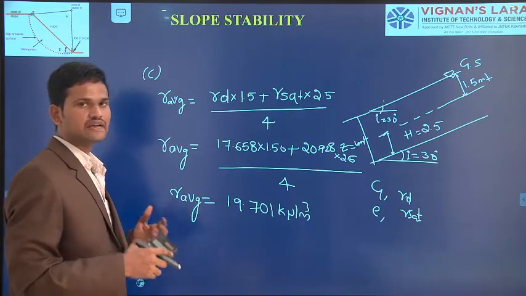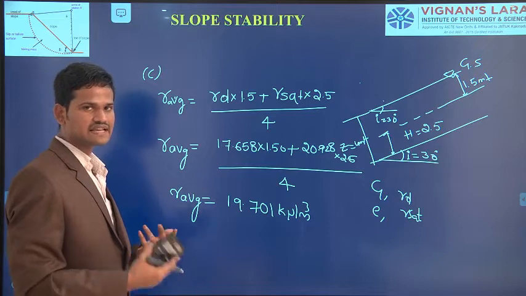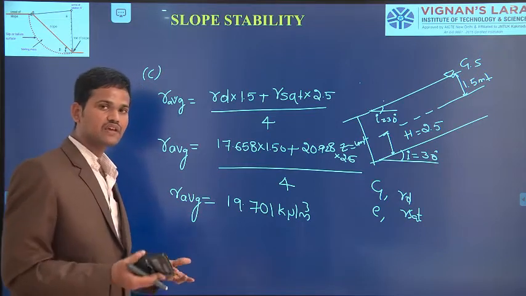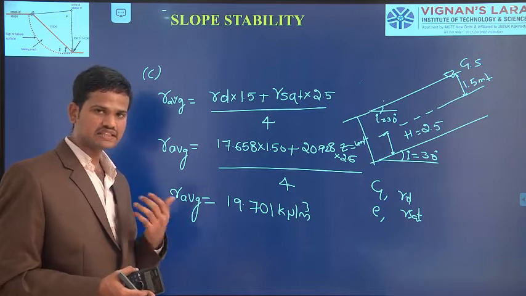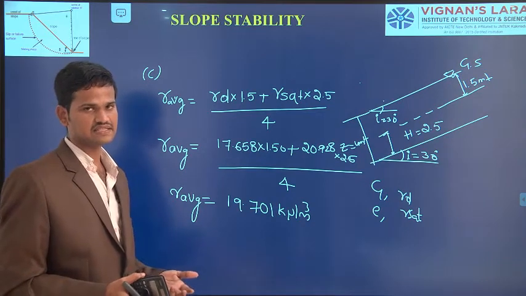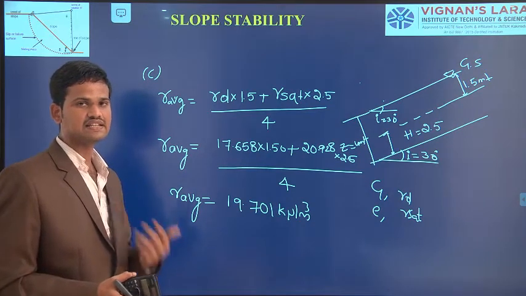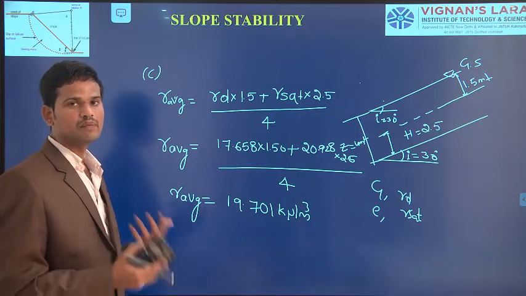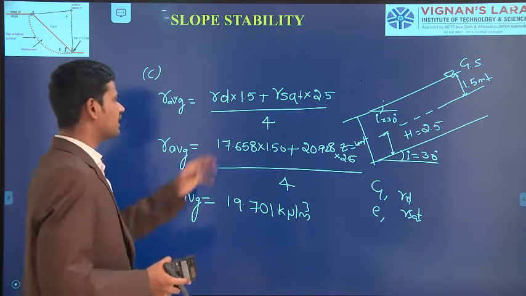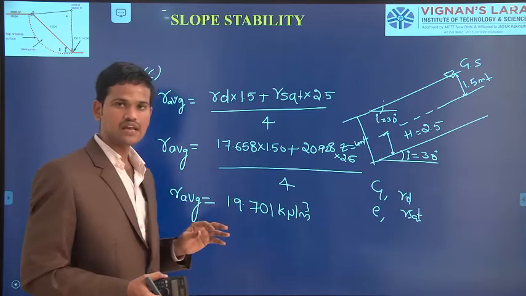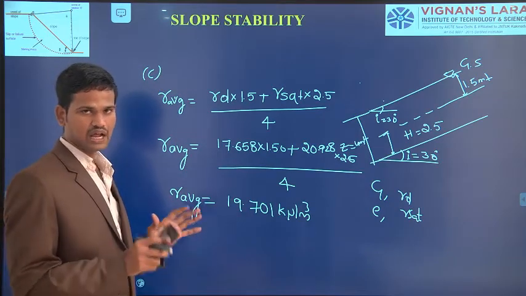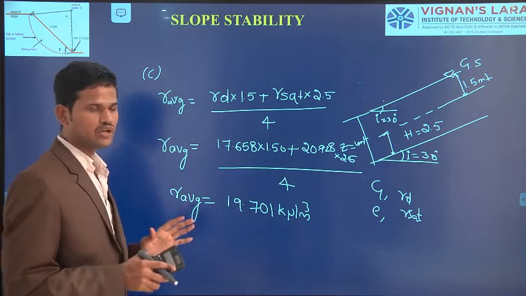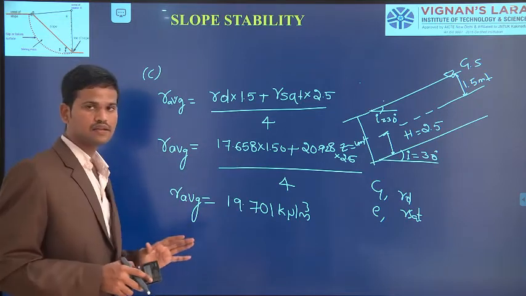Why? Because the factor of safety we are getting is less than 1. If your factor of safety is less than 1, what does it mean? It means shear strength is less than the shear stress. When shear stress exceeds the shear strength, the slope may fail. Hence for such soil parameters, we say that the slope is unstable or may fail. Okay, up to now this is the problem.